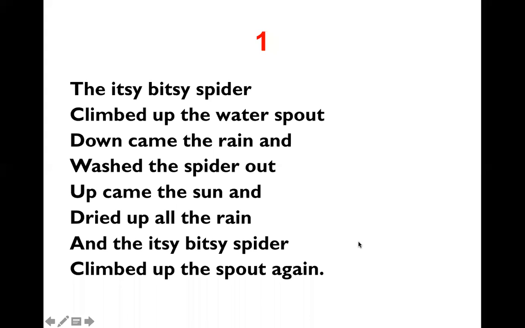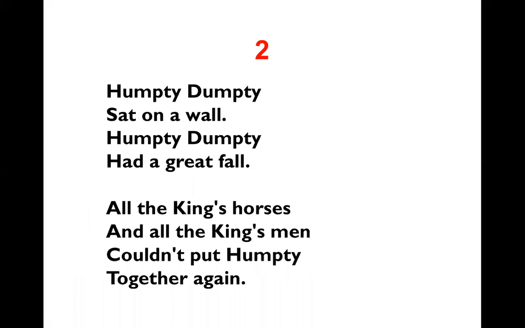Here is practice number 1. Now, please pause the video and write a summary of this nursery rhyme. If you're done, you can move on to the next slide. Practice number 2. Pause the video now and write a summary.